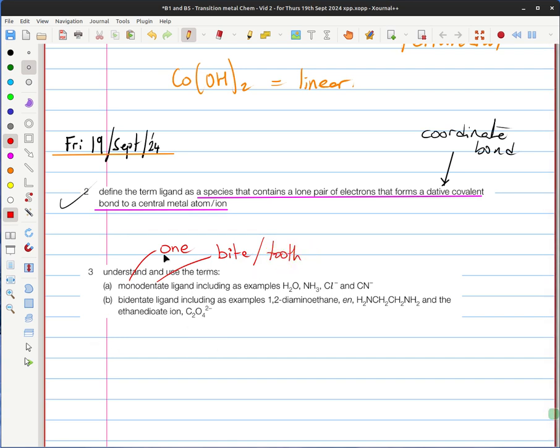So some ligands have got one bite or one tooth. What does that mean? They have one pair of electrons which can make a dative bond.